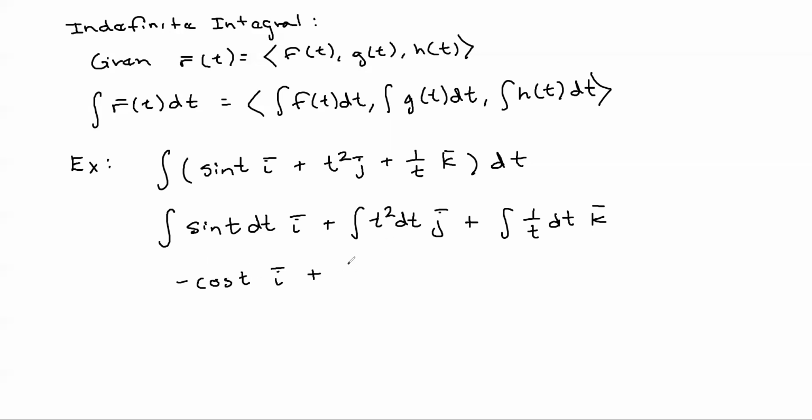The antiderivative of t squared is t to the third over 3 j. And the antiderivative of 1 over t is natural log t. Okay. All right, so that shows how simple it is to find an antiderivative. If you're asked to find the antiderivative of a vector function, you just find the antiderivative of the components.